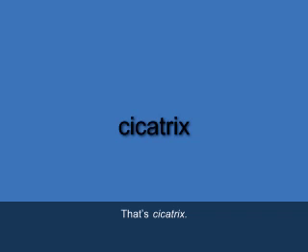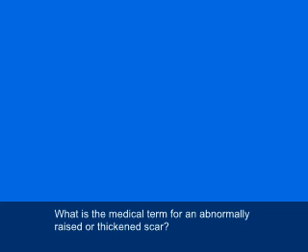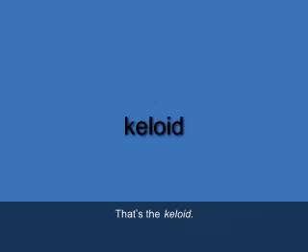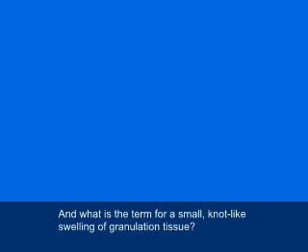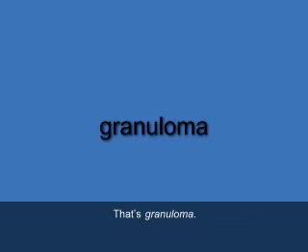Cicatrix. What is the medical term for an abnormally raised or thickened scar? That's the keloid. Keloid. And what is the term for a small, knot-like swelling of granulation tissue? That's granuloma.